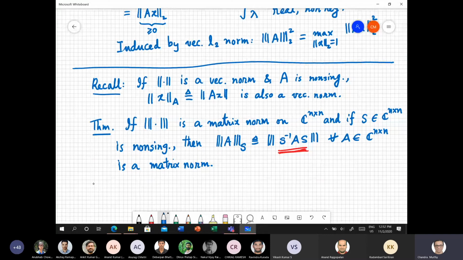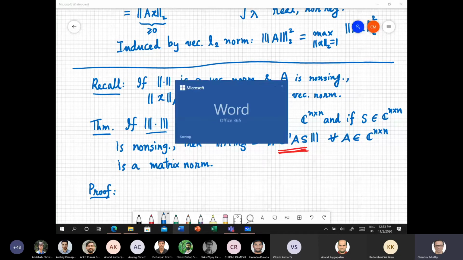The proof is very simple. Of course, the properties like homogeneity, non-negativity, positivity, and triangle inequality directly follow from the properties of this matrix norm here. And so the only interesting thing we need to show is the submultiplicativity.